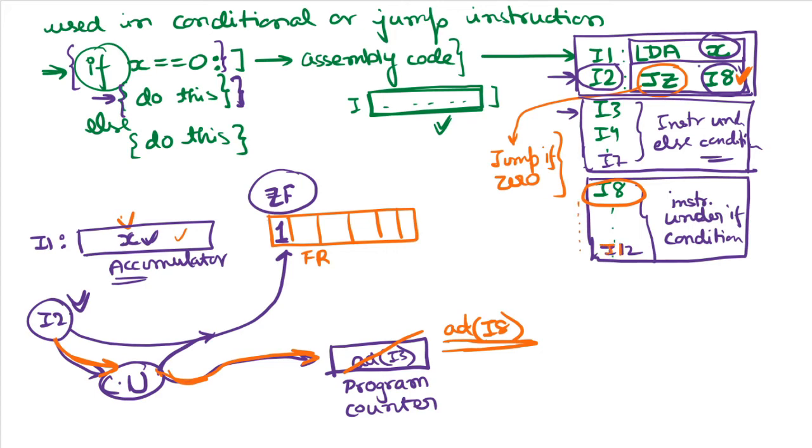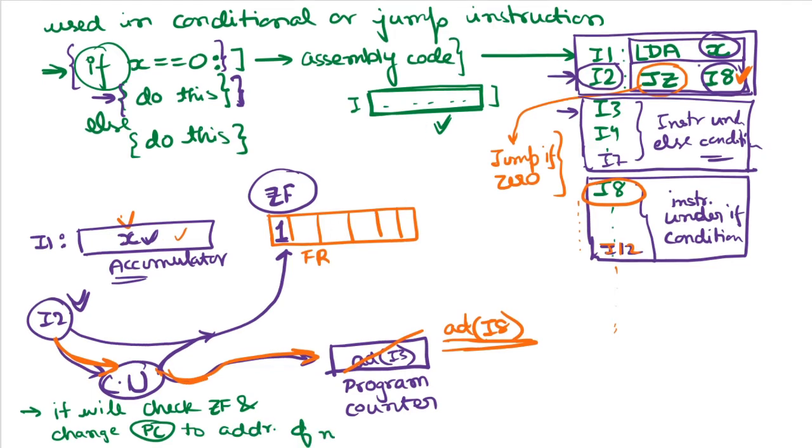It will run this till I12, and then it goes on. Okay, so let me write it here as well. So this control unit will check the 0 flag and change the program counter, or PC, to the address of the next instruction accordingly.